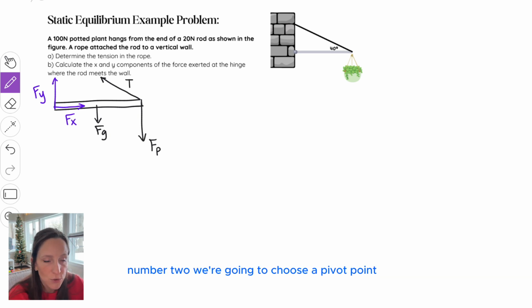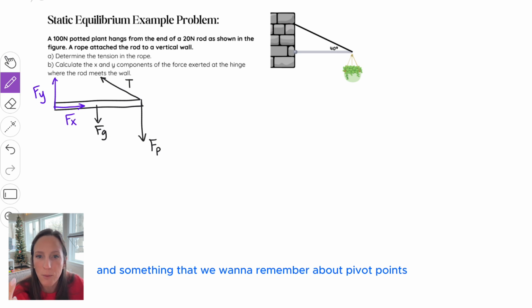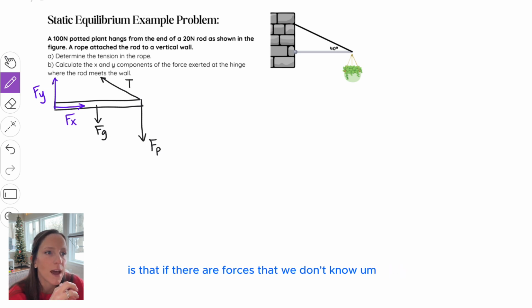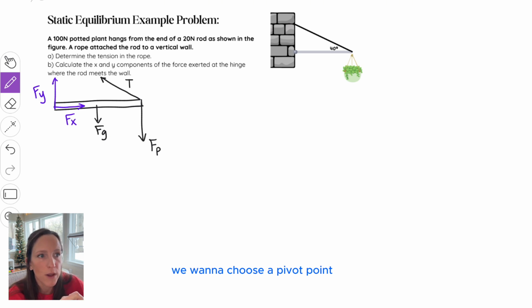Number 2, we're going to choose a pivot point. And something that we want to remember about pivot points is that if there are forces that we don't know, we want to choose a pivot point to be able to eliminate those forces from our net torque equation. And in part A, we're trying to calculate the tension in the rope.